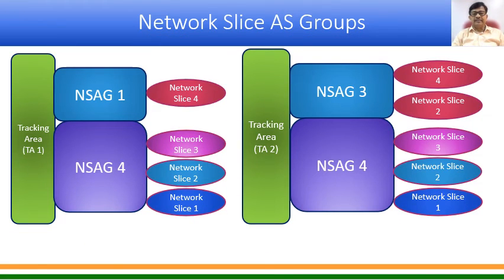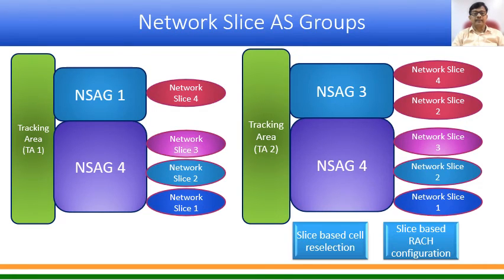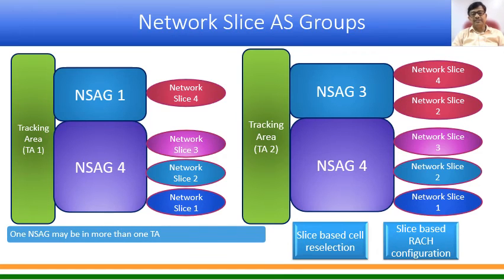Now let us understand how different NSAG groups and network slices are made available in different TAs. The first concept is that one NSAG may be in more than one TA. Here this is tracking area 1, tracking area 2.